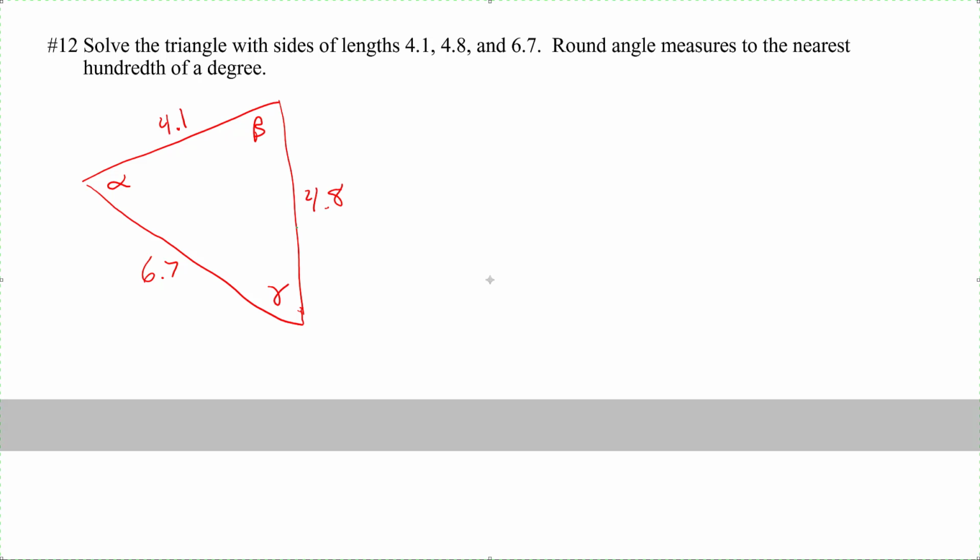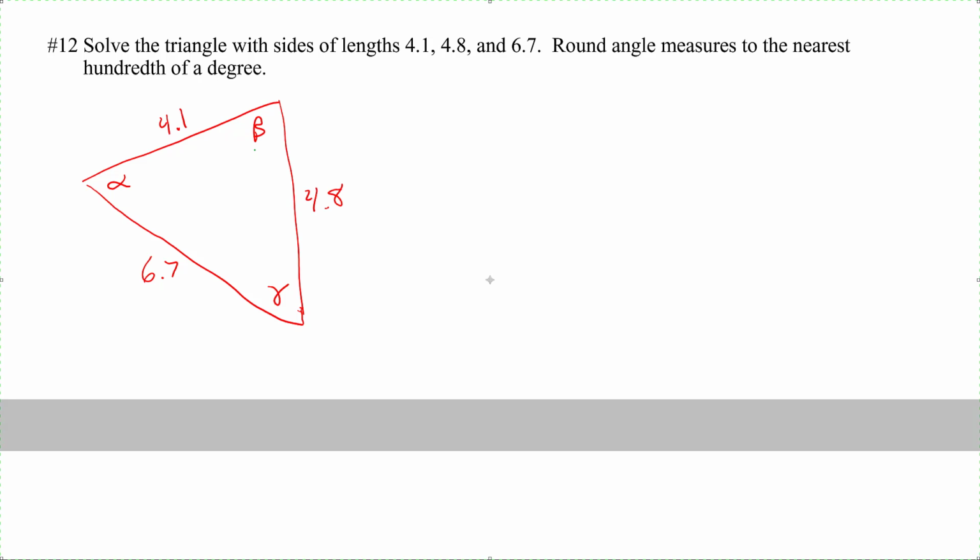We don't really have an A, B, and C here, although I guess we could figure out what those would be. So the first thing I'm going to do is, if I only know the side measures and I don't know any angles, I'm going to have to use the law of cosines.